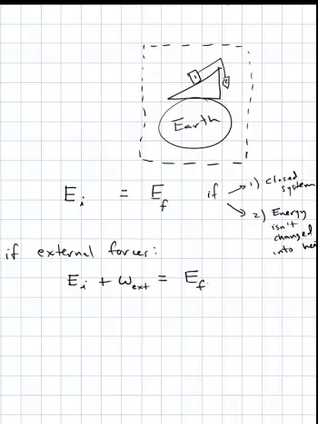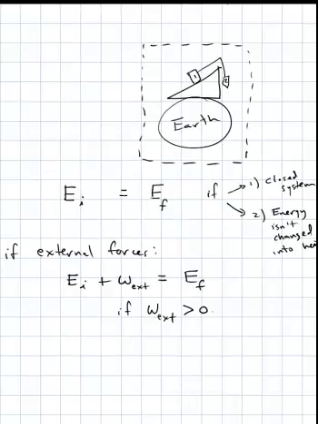So let's think about this. Make sure we put it on the correct side of the equation. If we have positive work done by external forces, then those external forces are adding energy to our system.